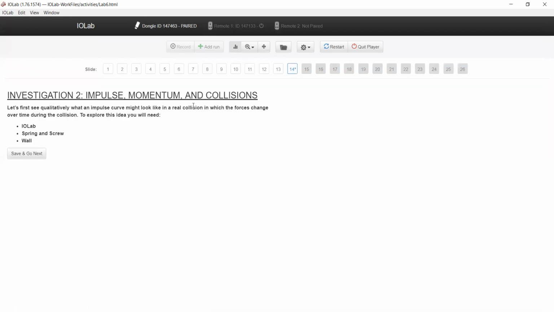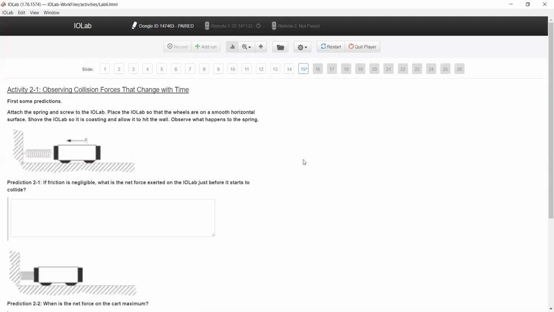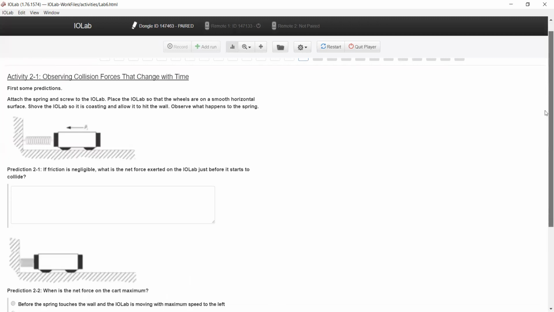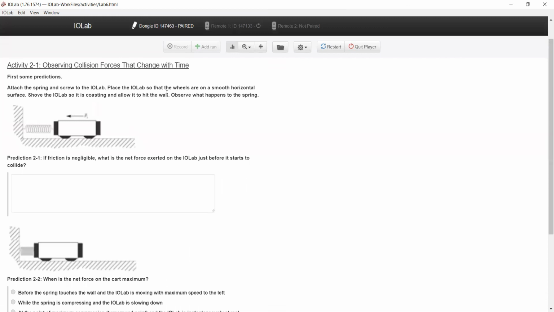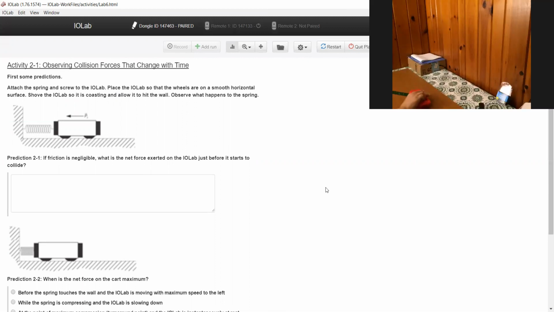Okay, next one, impulse, momentum and collision. Make sure you write your answers. At the spring and the screw, place the IOLab so that the wheels are on a smooth surface. You already have this one, so now you need to use the spring.